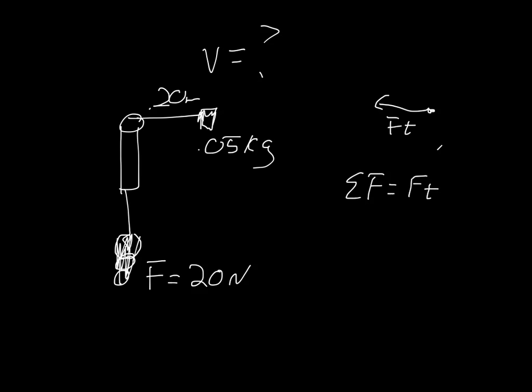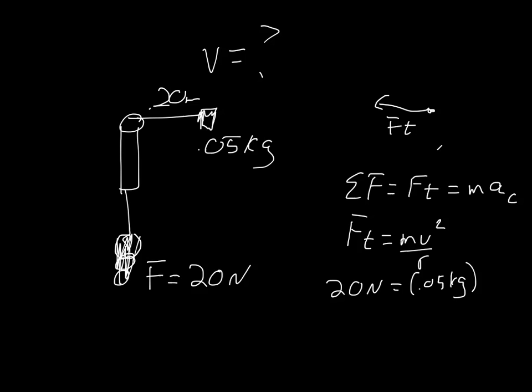So we can say the sum of the forces, F_T, equals m times a, but since this stopper is undergoing uniform circular motion, I put a little c after the a, so it's centripetal acceleration. So I can say F_T equals mv squared over r. So 20 newtons equals 0.05 kilograms times the speed squared divided by 0.20 meters, and then you would solve for the speed.